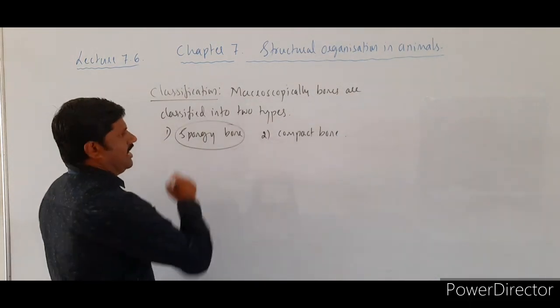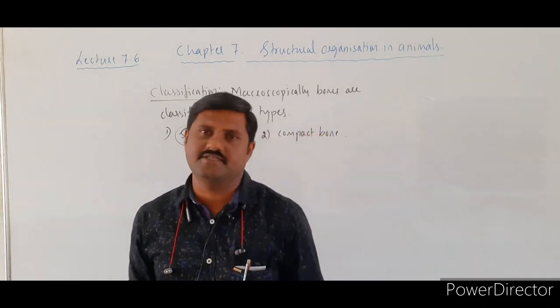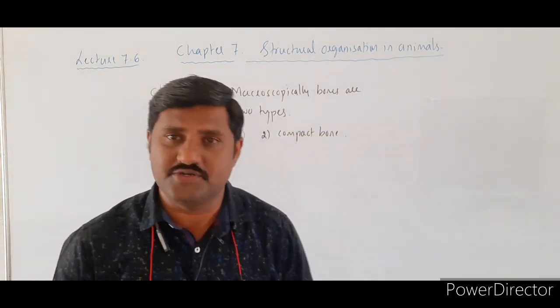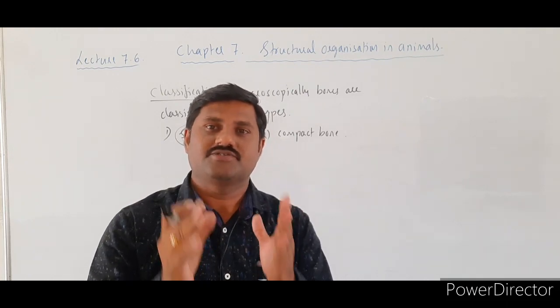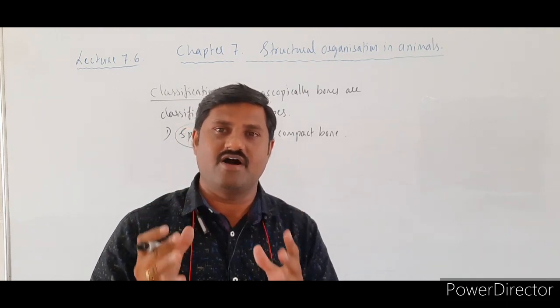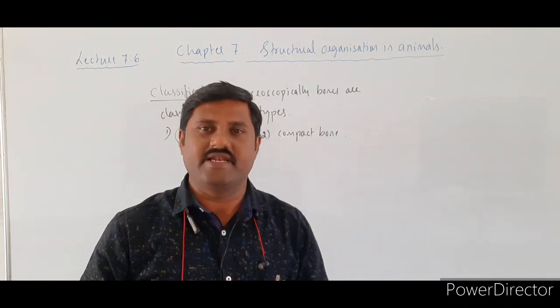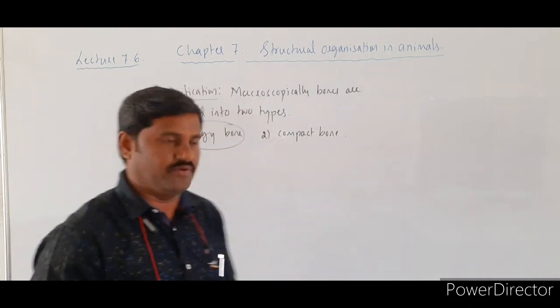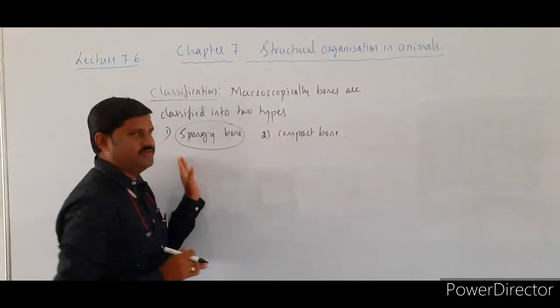Spongy bone, as you are seeing in the diagram, is the central axis mainly consisting of spongy tissue, so bone marrow is present in that part. There is a network of bony spicules, mainly consisting of red bone marrow itself, right? That part of the bone is called spongy bone.